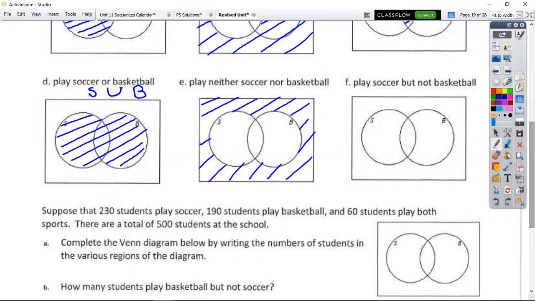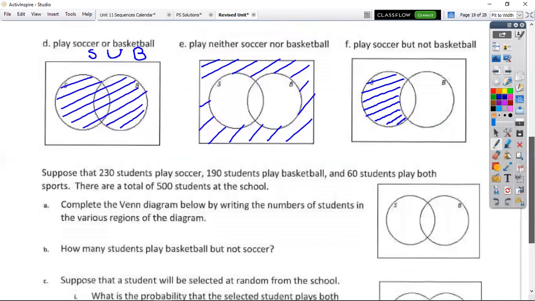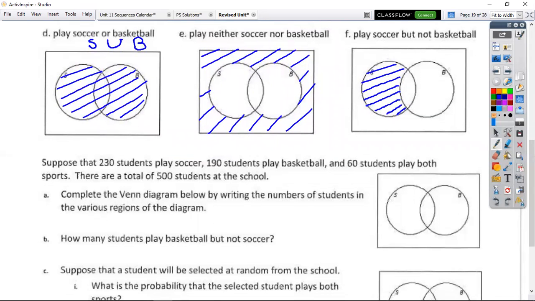Excellent, just the S circle, not the overlap. There you go. It's just a visual way to interpret probability, and then we'll solve a little bit with it down below. What you have to be aware of with the Venn diagram is to not count things twice.